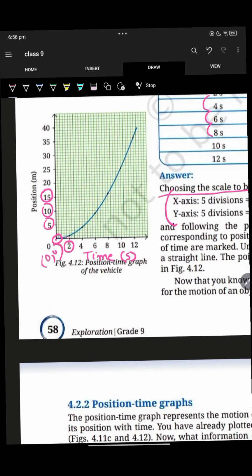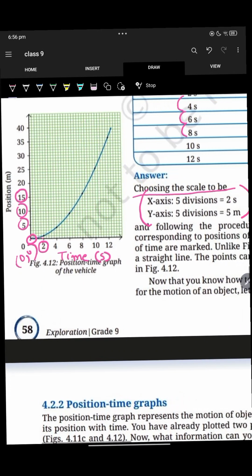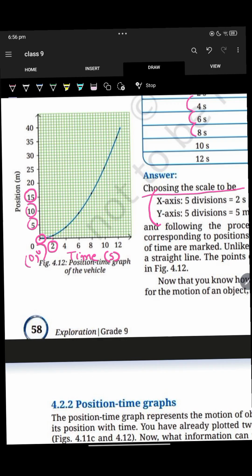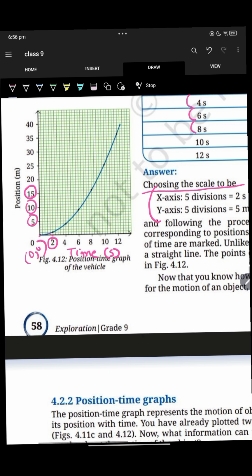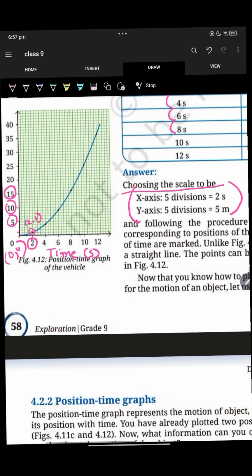Okay, so if 5 small divisions in the y-axis is equal to 5 meter, then obviously 1 small division needs to be 1 meter. And here is your 1 small division against this point. So 2 seconds and 1 small division. So 2 comma 1. 2 is the x-axis and 1 is the y-axis plot, 1 meter.